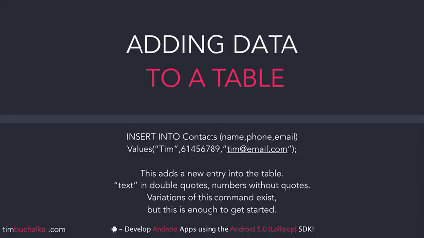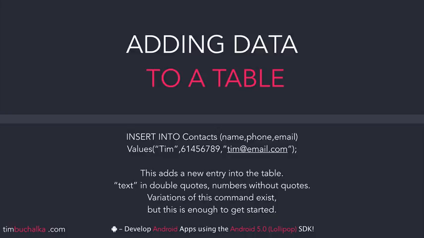So for example, the name would be associated with the value Tim. The phone number would be associated with the number 614567889. And finally, the email would be tim@email.com. So you can see it's a relatively simple statement. If you look at that, it does actually make intuitive sense.